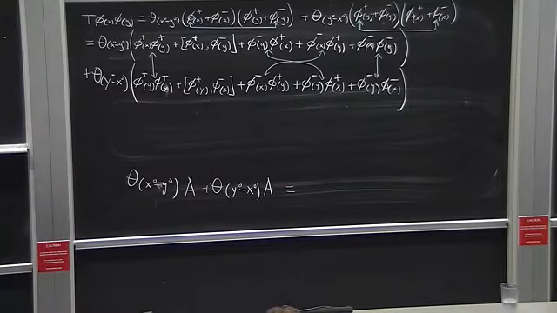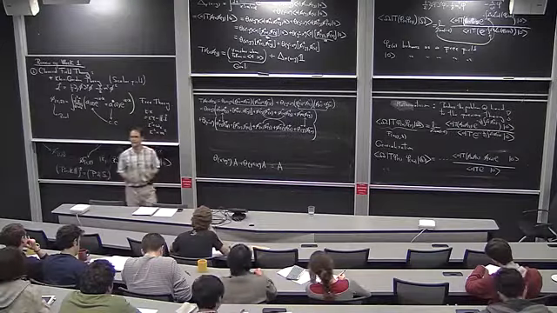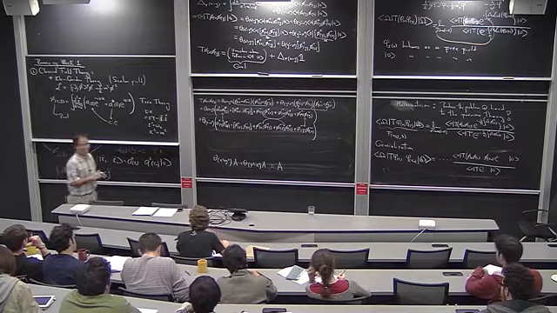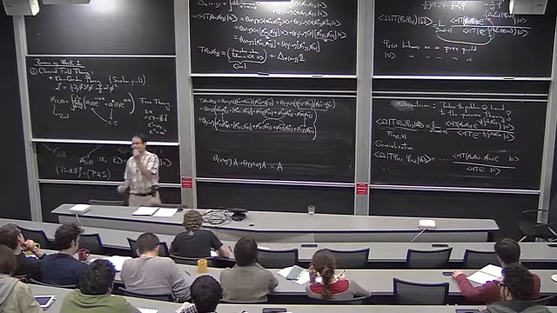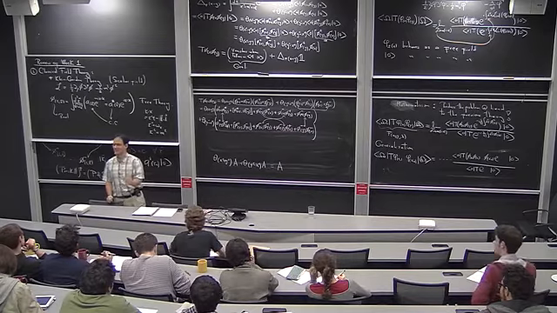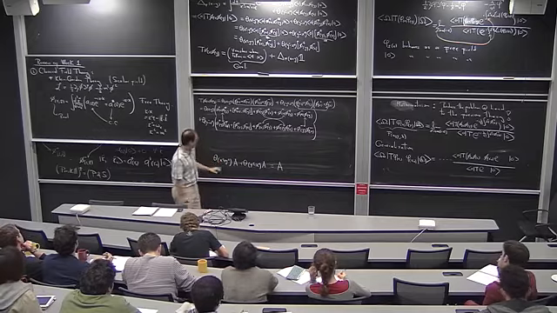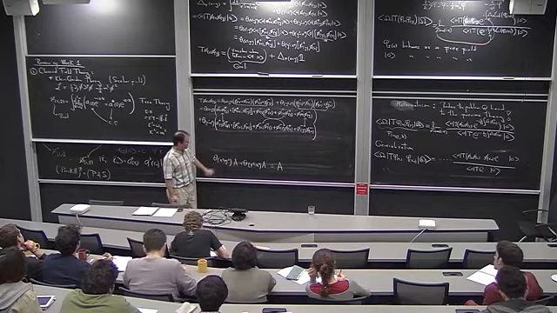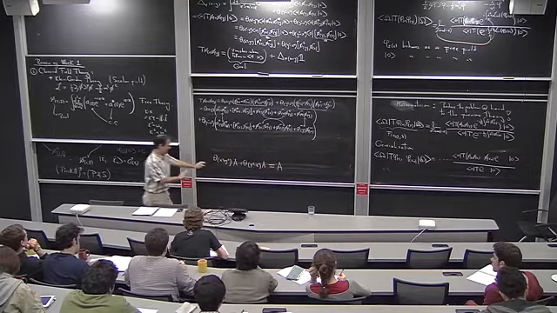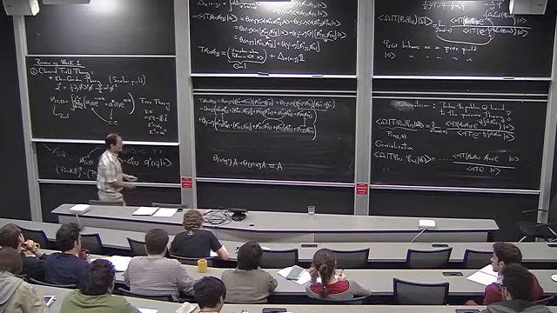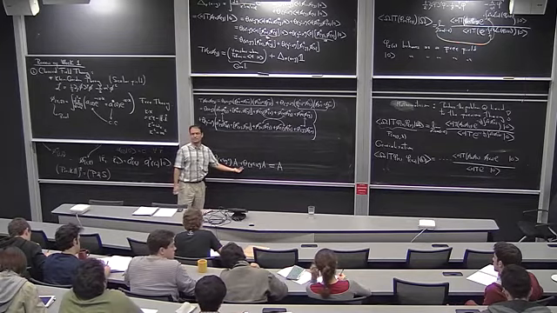A. Do you agree? Right? Well, okay, so you might worry about what happens when x0 is equal to y0, but I'm not going to worry about it. Okay, so this I'll take to be true, okay? So is this clear to everybody?